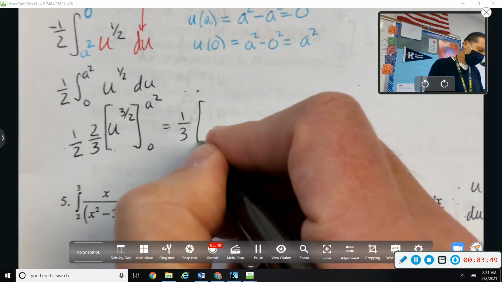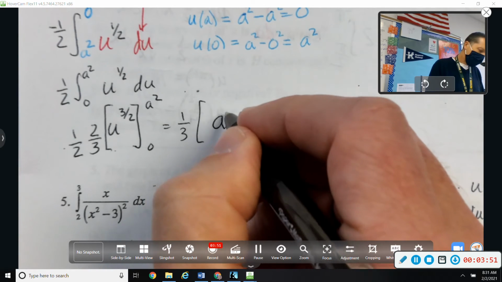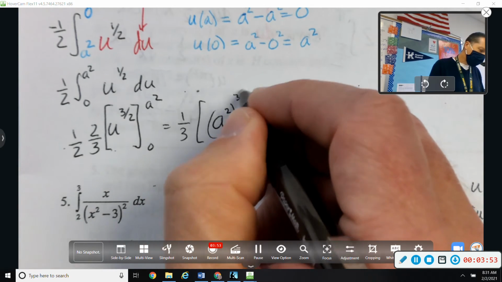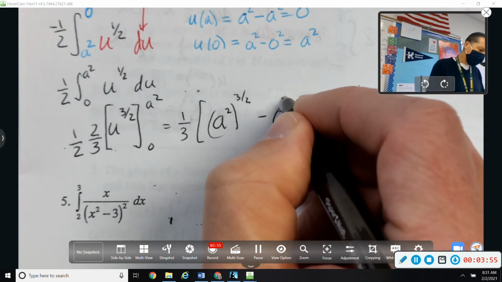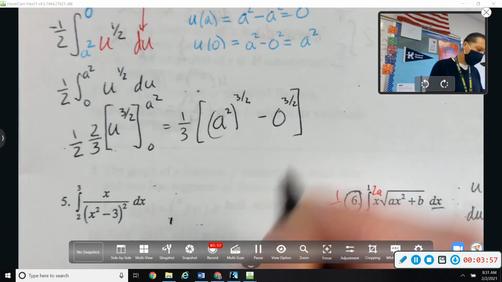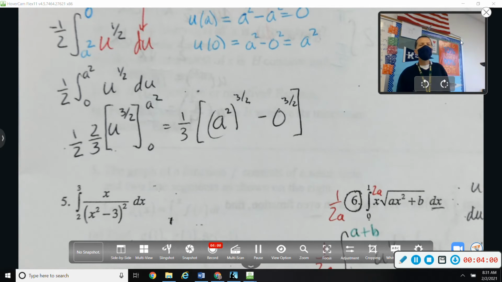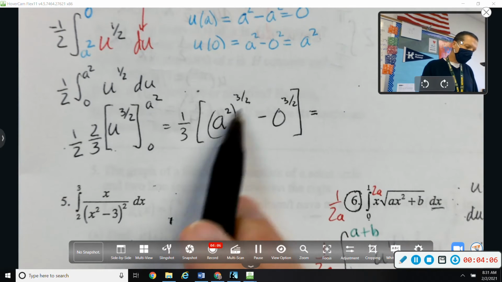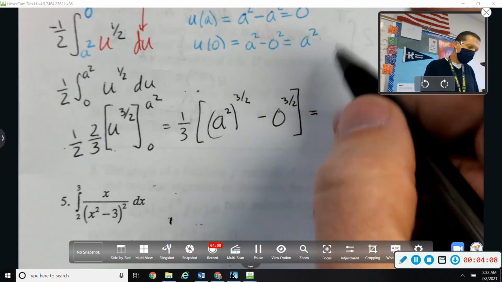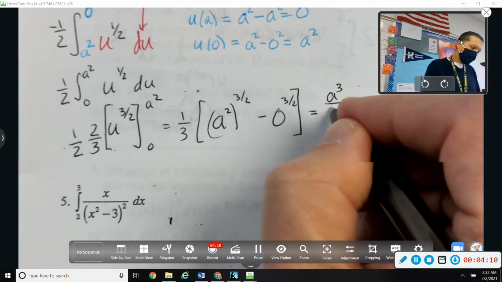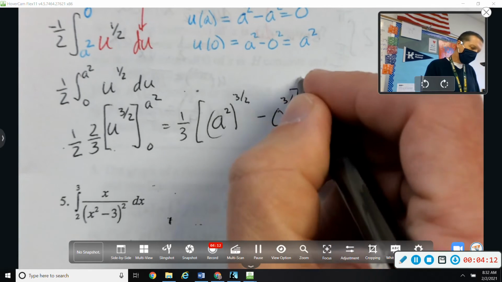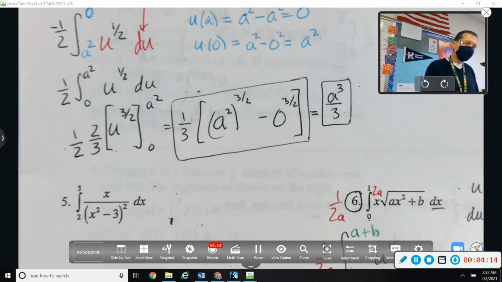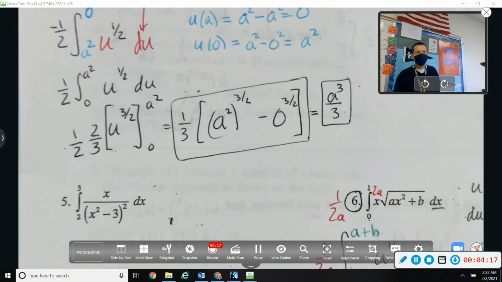So 1/3 a squared to the 3/2 minus 0 to the 3/2. That would be a safe stop. a squared to the 3/2 would be a cubed. So a more simplified answer would be a cubed over 3. But the step before that would be okay.